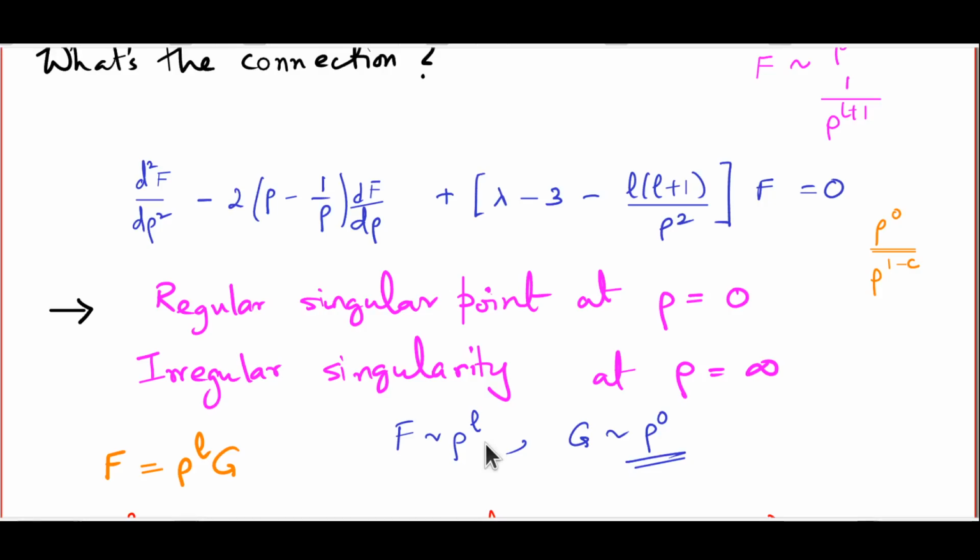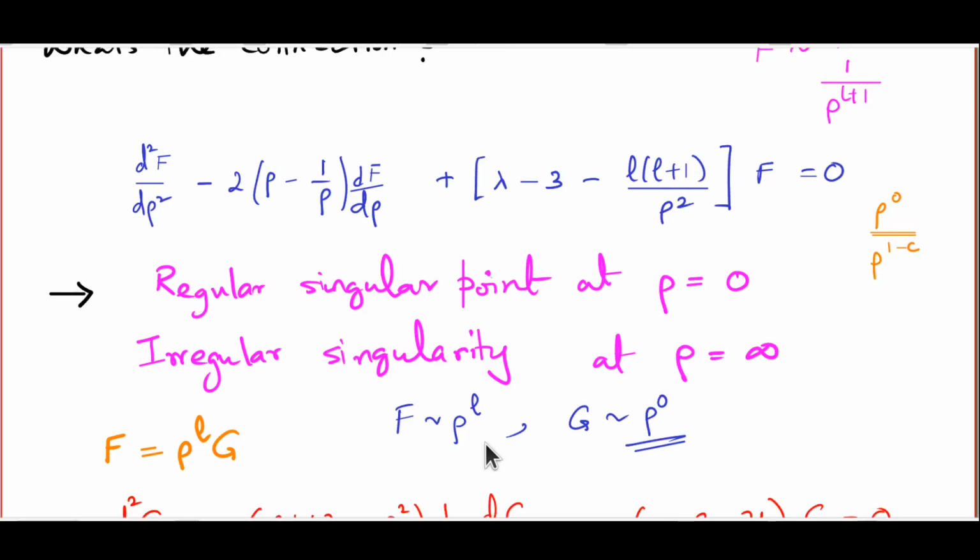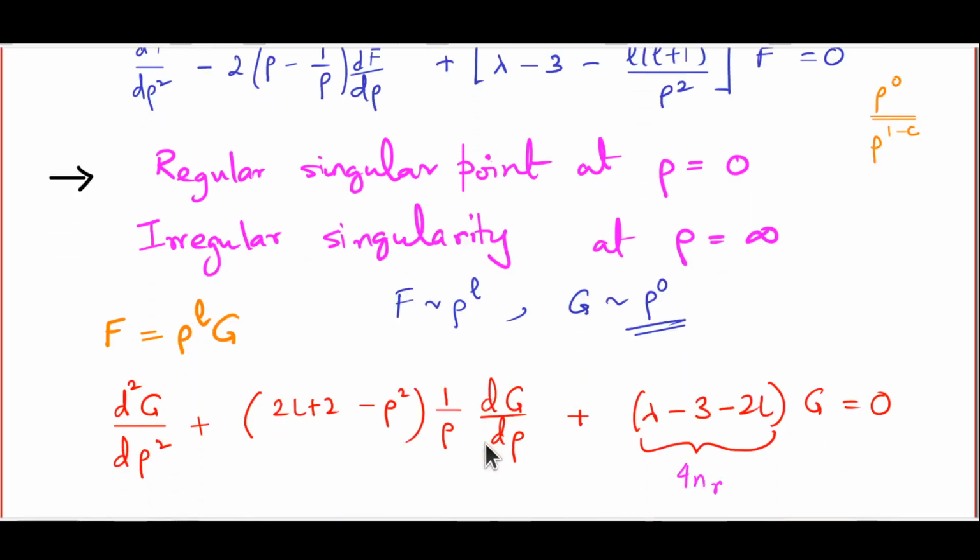I'm not going to show you the details of the algebra here because this is again something you've done many times before. If you just were to carry out the substitutions, change the variables properly and carry out the algebra a bit, this is the equation that you are going to get.